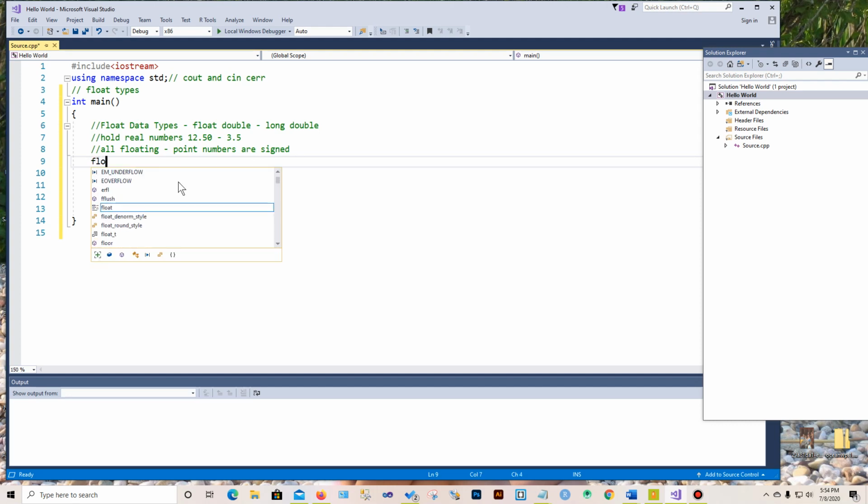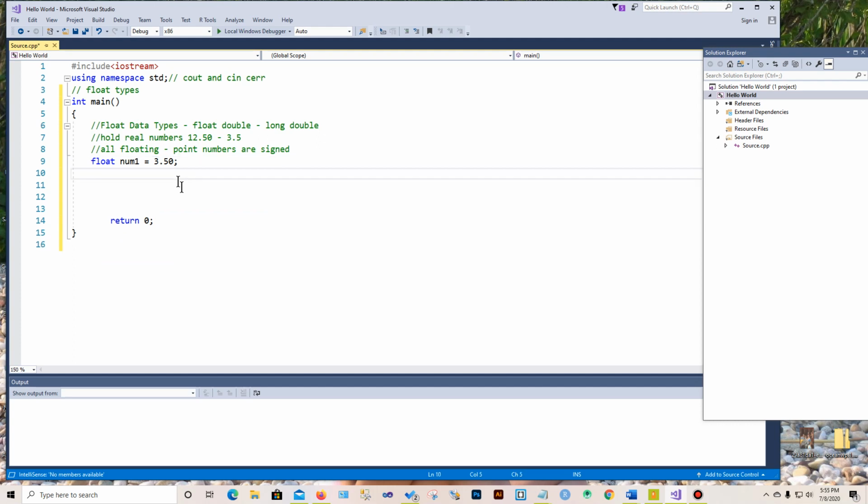So let's start with float, and we're going to create a variable here. We're going to say that it is equal to 750. So the float holds numbers with decimal points. The next one is a double, and the double also holds decimal points.